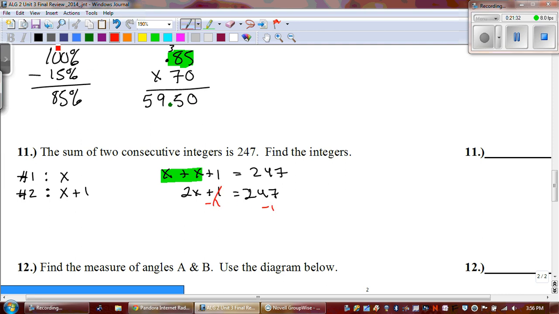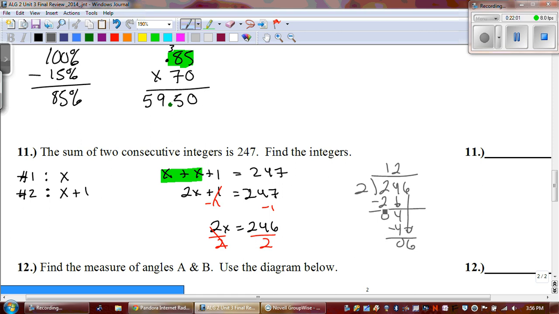We subtract 1. 2x equals 246. Excuse me, we got to divide both sides by 2. And now over here, 246 divided by 2. 2 goes into 2 one time. Drop the 4. 2 goes into 4 2 times.